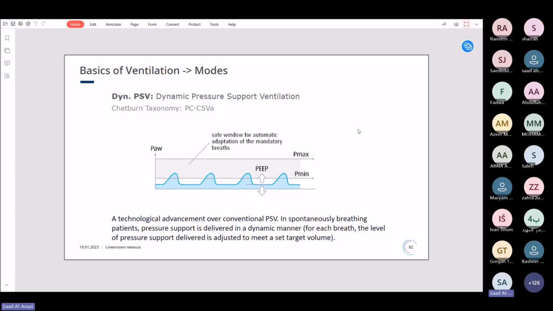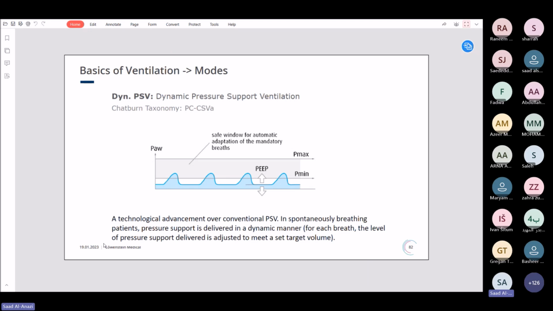It depends on the patient effort. If the patient needs 8 of pressure support, it will give 8. If the patient needs 10, it will give 10, based on the patient target or the target volume. So this is really a great, safe window for automatic adaptation of the mandatory breath. So what does it do? The pressure support is delivered in a dynamic manner for each breath.